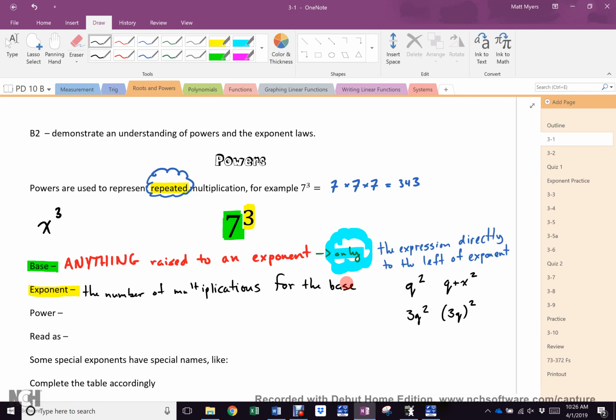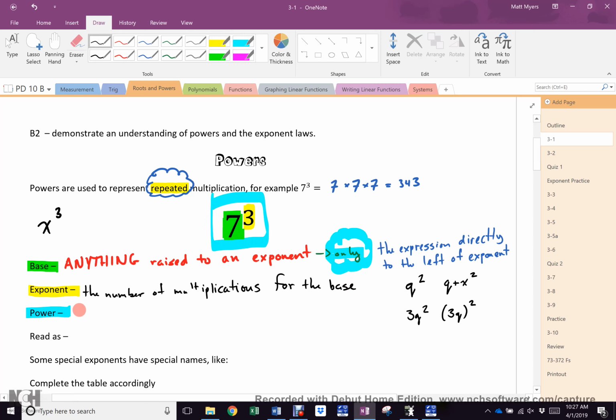Exponents are all about the base. You knew that was coming. If you didn't, you don't know me very well. All right? So, you must be aware that no matter what is in the base, it is going to repeat as many times as the exponent does. All right? Excellent.